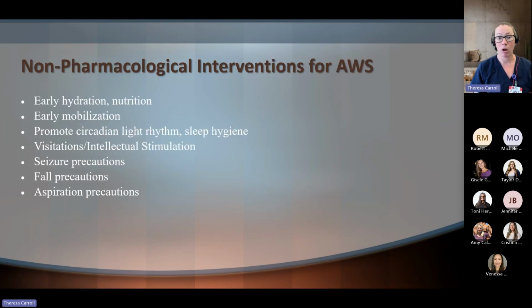Other things that we also want to be thinking about with all of these withdrawals, this is not specific even to alcohol withdrawal, but hydration, nutrition. So think food is medicine. We've got to try and get that system working again. If we can get them up and walking, again, that's across the board, it helps with delirium prevention. If they're super unsteady on their feet, we want to look at that in terms of safety, but we do want them up out of bed.